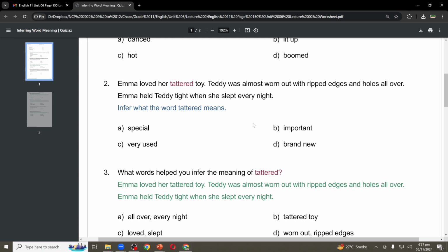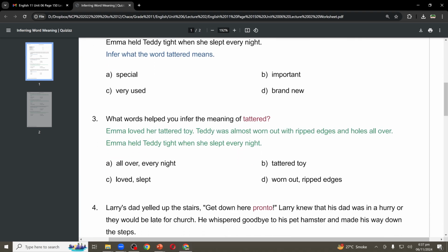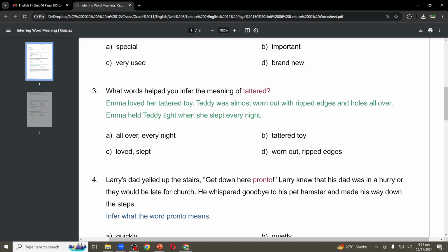Now, without using any help, let's infer what the word tattered means. Special, very used, important, or brand new? If you look at the context, we know that C is the right option over here. Used. Now, what words help you infer the meaning?